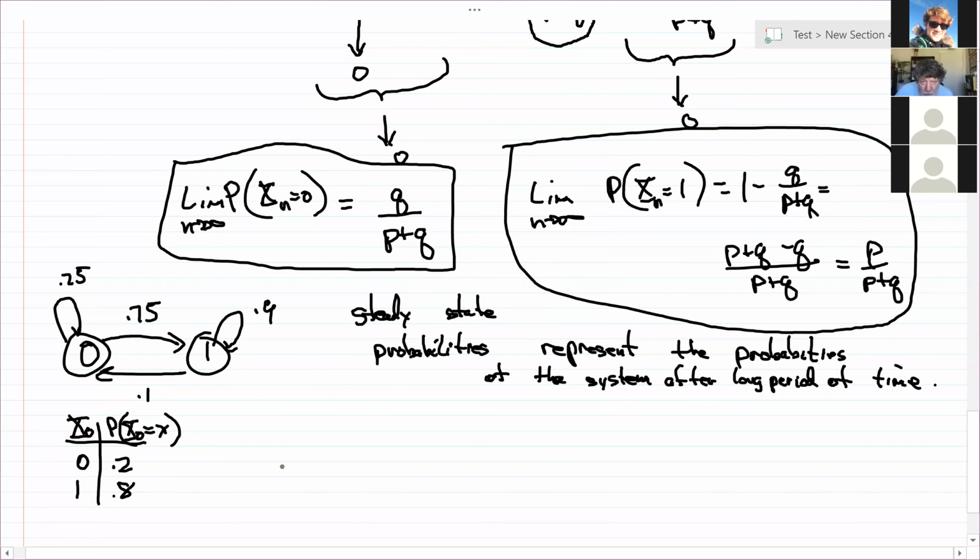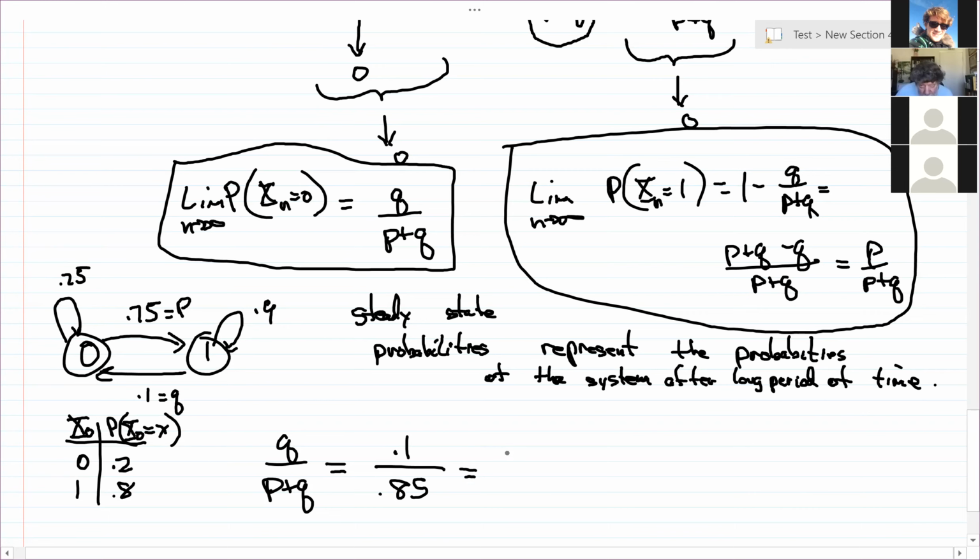Well, that's this. So the chance that it's broken is Q over P plus Q. What was everything? This is P, and this is Q. So P plus Q is what, 0.85? And Q is just 0.1. So whatever this is, if you want to, I guess you could multiply top and bottom by 100.